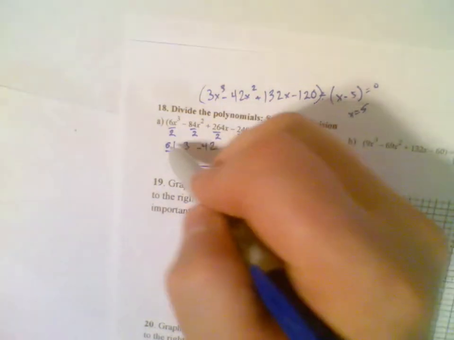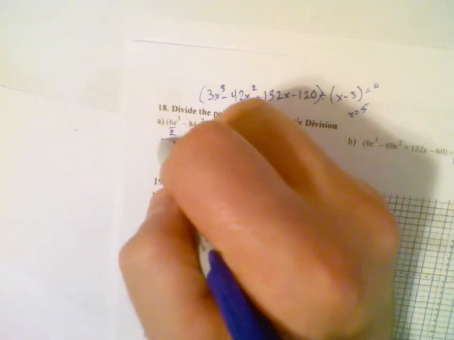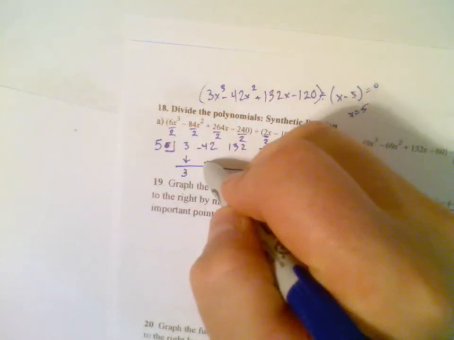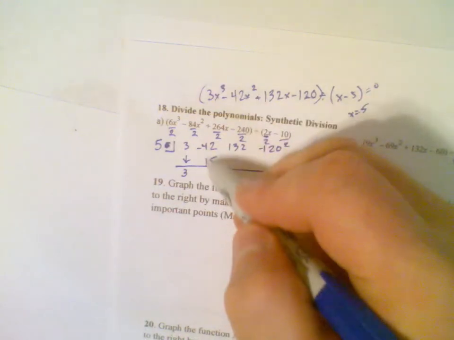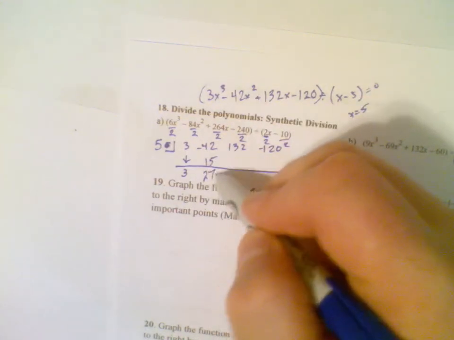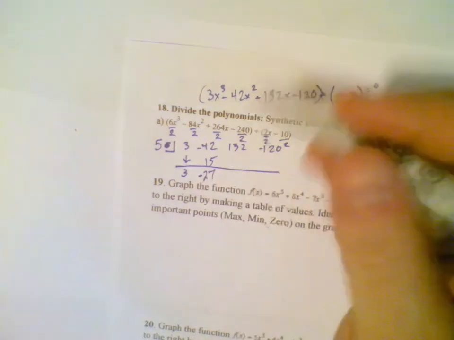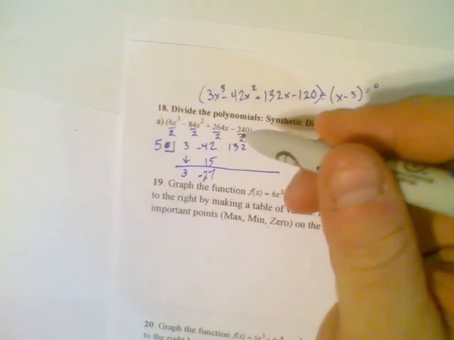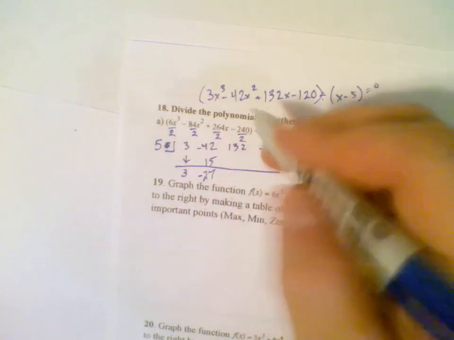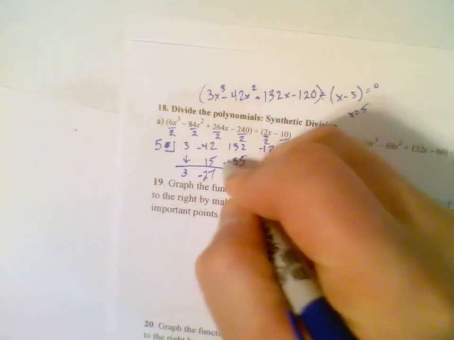So the first one comes down. I'll rewrite that 5 so you can see it a little bit better. First one comes down, 3. That gives me 5 times 3, so it's 15. So I get negative 27. Negative 27 times the 5, that's 135, but it's a negative.